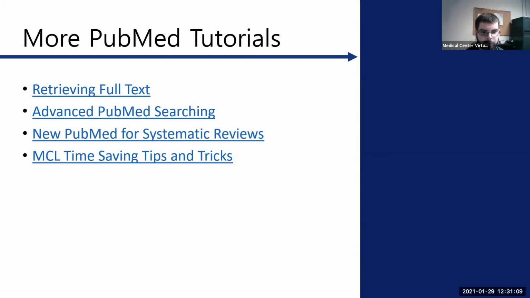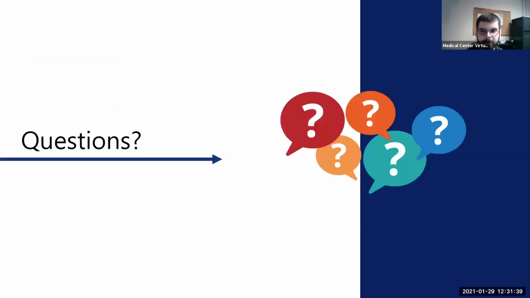And we also have a new PubMed for systematic reviews, where we show you how to build a systematic review search within PubMed. And this builds a lot on the skills from the advanced PubMed searching video. And lastly, time-saving tips and tricks introduces some quicker ways to gain access to articles within PubMed and shows what you can do with a My NCBI account. And once I close the presentation out, I'm going to post these links in the chat.